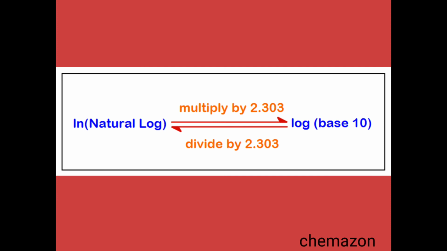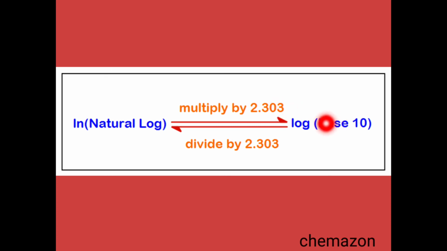And the last very important slide is how you convert, in any equation that we will be seeing in chemistry, whether it is in thermodynamics or chemical kinetics or any other chapter, natural logarithm to logarithm to the base 10 and log to the base 10 to natural logarithm. How do you do that? If you want to convert natural logarithm to logarithm to the base 10, you multiply by a factor, that is 2.303.